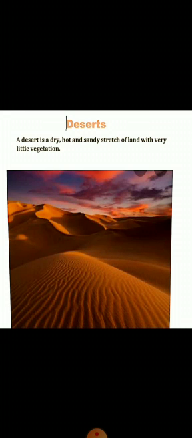The region has an arid or semi-arid climate. The days are hot and the nights are very cold in the desert region. Sandstorms are common in all seasons. Sand dunes or hills of sand are its most common features. So that is about deserts.